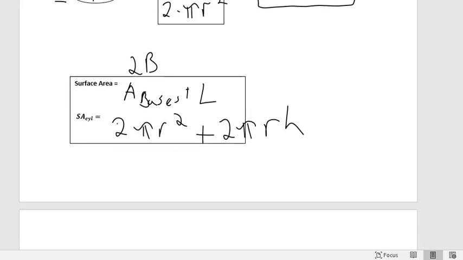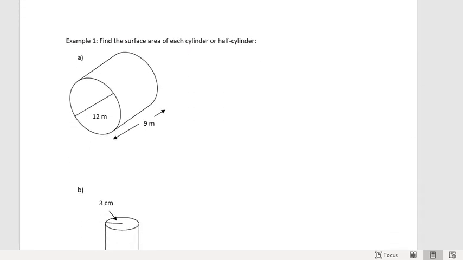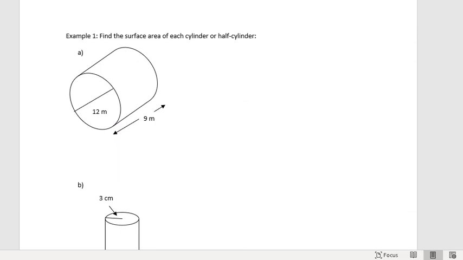All right, couple quick examples. Remember, radius is half the diameter, so if the diameter is 12, the radius is 6. The units are meters, and we are going to put it into our formula.